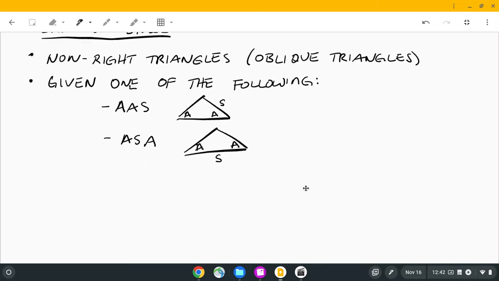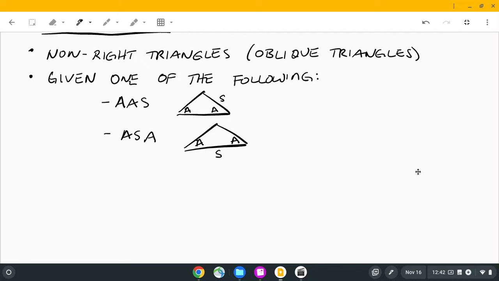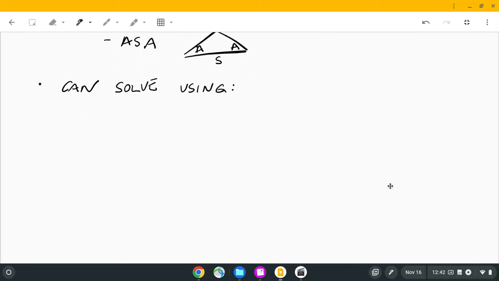All right, and you can solve using the following ratios. So here is the law of sines. It says that the sine of A over a equals the sine of B over b.